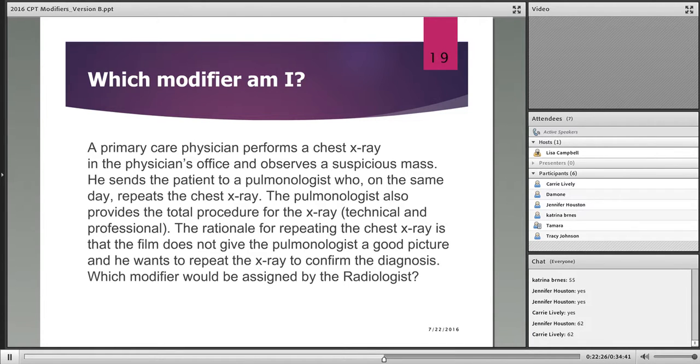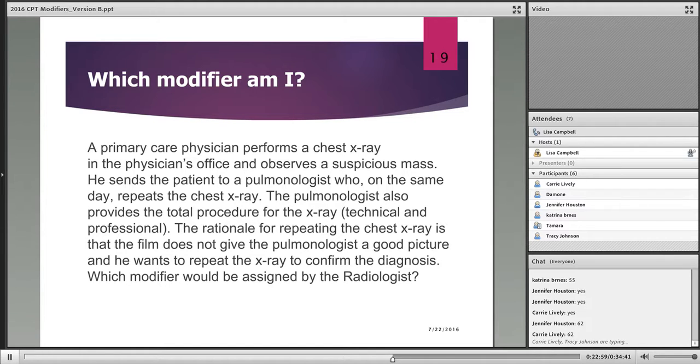Next up, primary care physician performs a chest x-ray in the physician's office and observes a suspicious mass. He sends the patient to the pulmonologist, who on the same day repeats the chest x-ray. The pulmonologist also provides the total procedure for the x-ray, the technical and the professional. The rationale for repeating the chest x-ray is that the film does not give the pulmonologist a good picture, and he wants to repeat the x-ray to confirm the diagnosis.